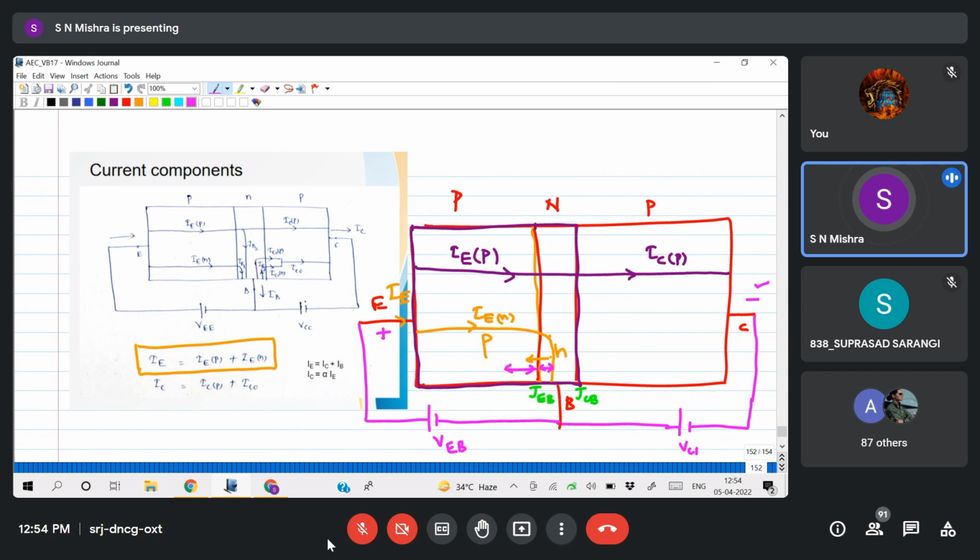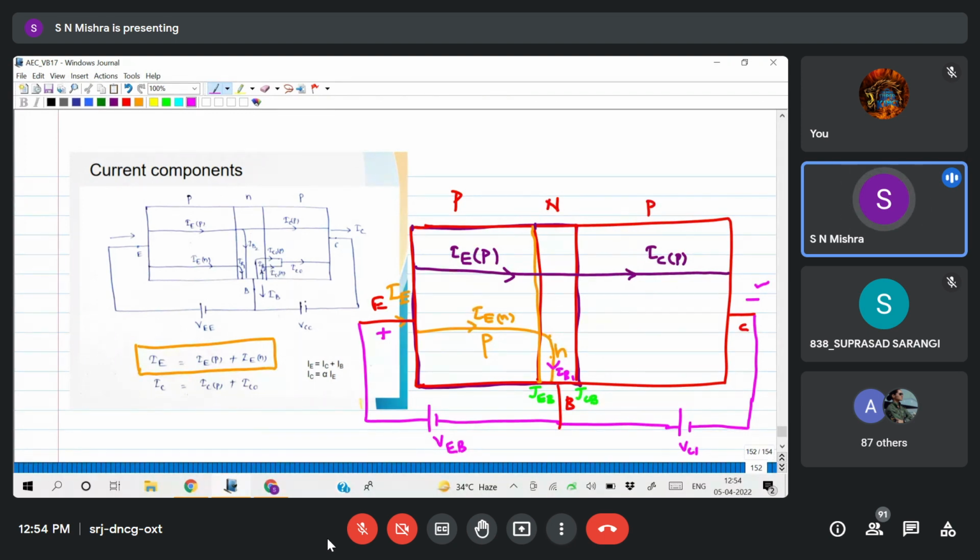So I am giving a different name in the base region and a different name in the emitter region. I am giving the name IB current while it is moving in the base region. Okay, so I am giving the name IB1.